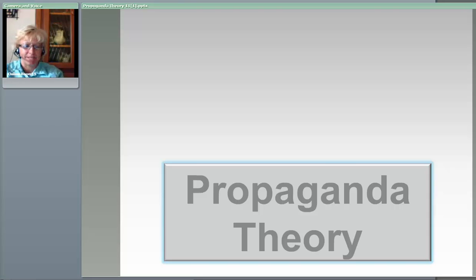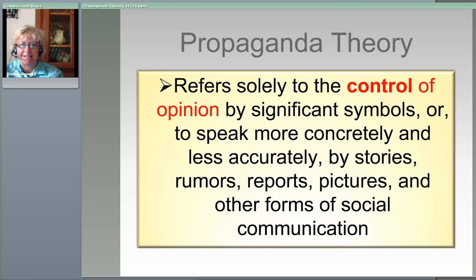Excellent question. Here's what you need to recognize. The propaganda theory refers solely to the control of opinions by significant symbols, or to speak more concretely and less accurately, by stories, rumors, reports, pictures, and other forms of social communication.